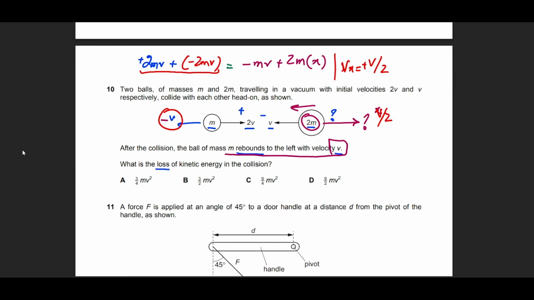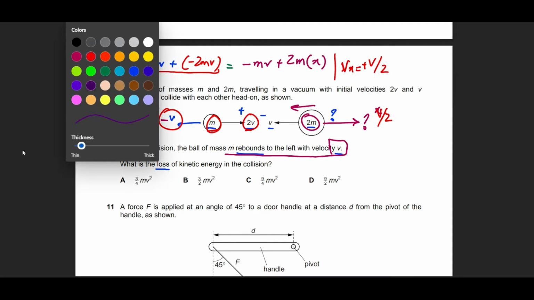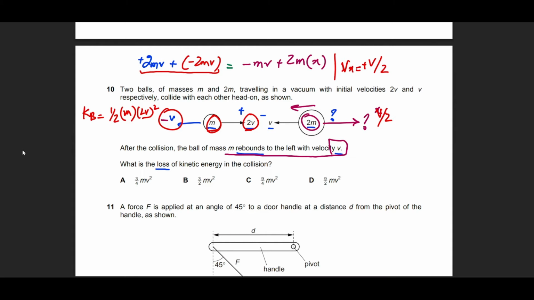Now, I have all the data with me. I have the velocities and masses initially and the velocities and masses after the collision. So I can calculate the kinetic energy before and after. Let's calculate the kinetic energy before. This is KB, kinetic energy before: half mass m and velocity 2v, so this is half m into 2v whole square. Be advised, this is 2v whole square, which is going to become 4v square. This is the mathematical mistake that students generally make.